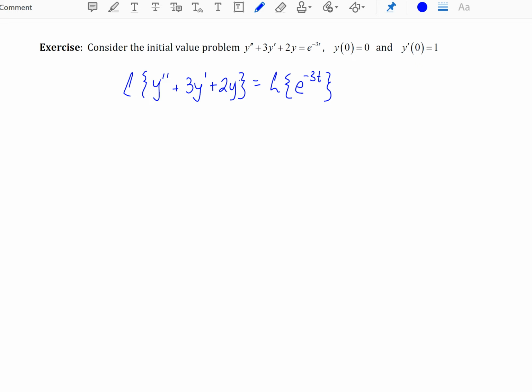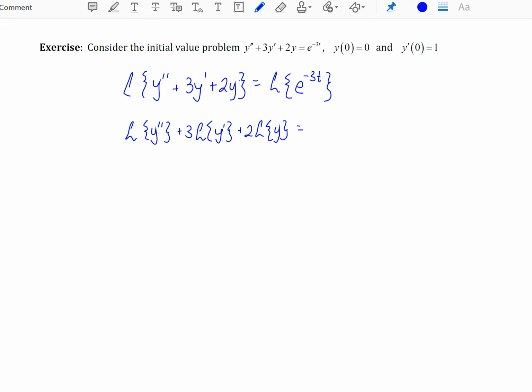Because it's a linear transformation that preserves vector addition and scalar multiplication, the left-hand side can be written as Laplace of y double prime plus 3 times the Laplace of y prime plus 2 times the Laplace of y.